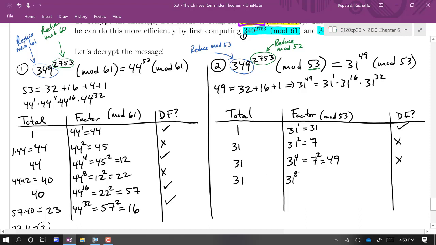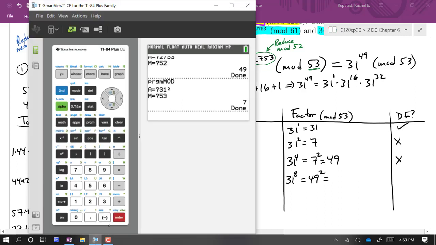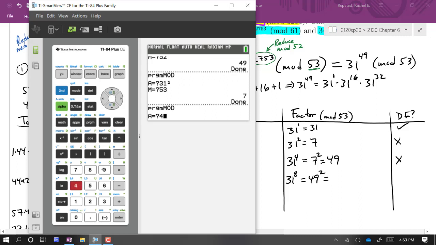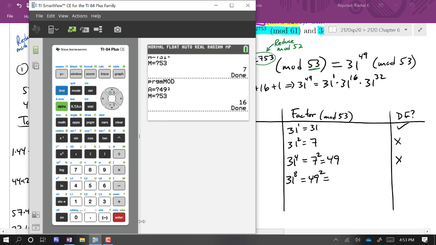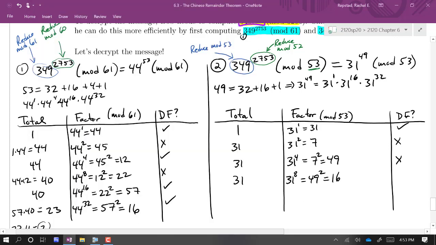31 to the 8th is 49 squared mod 53. That's 16. Still not a desired factor, so our total holds at 31.